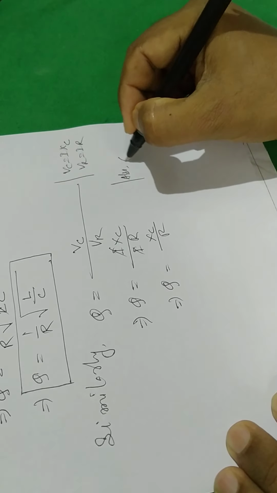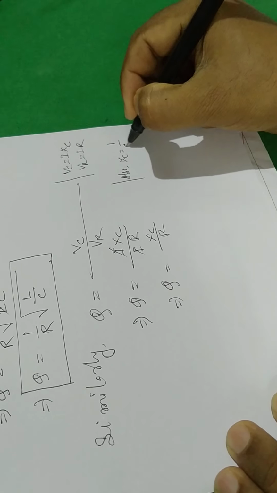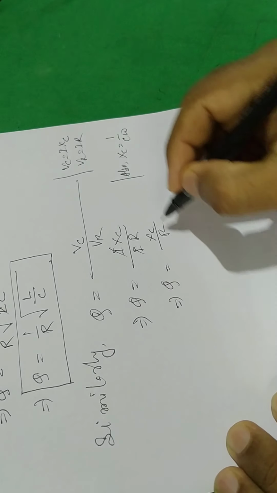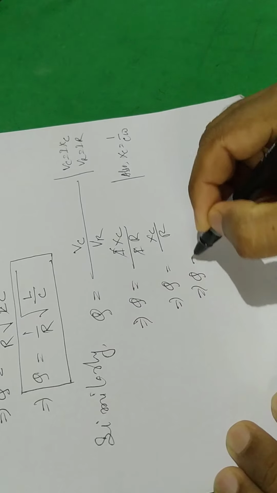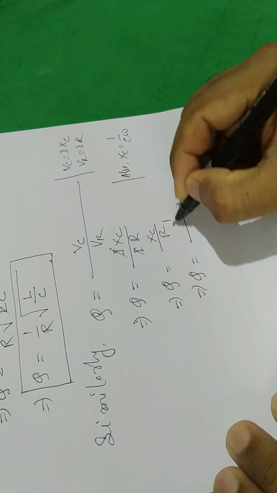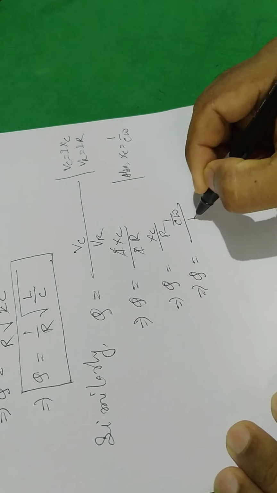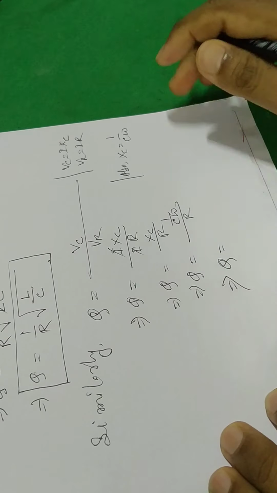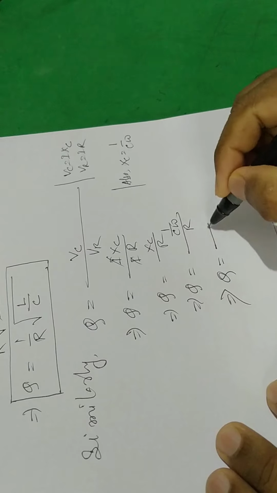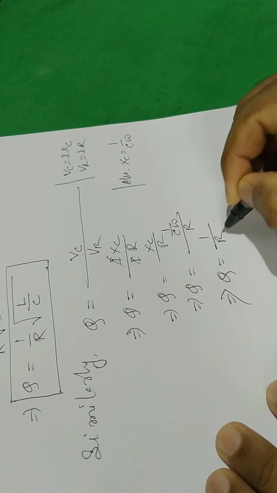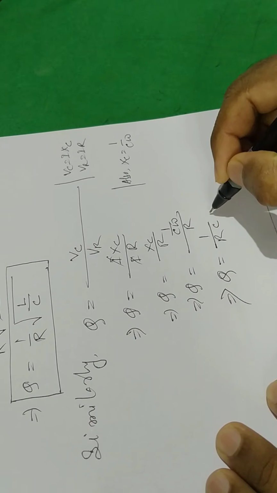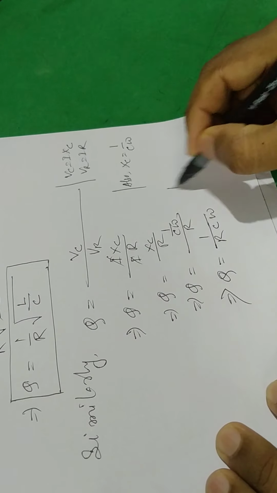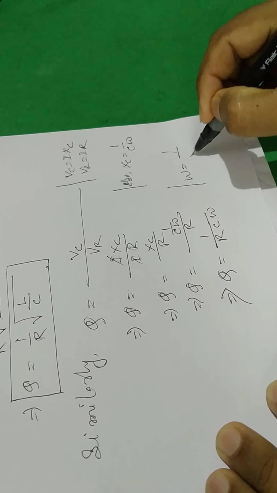Also XC equal to 1 by C omega, so Q equal to 1 by R C omega. Omega is 1 by root of LC.